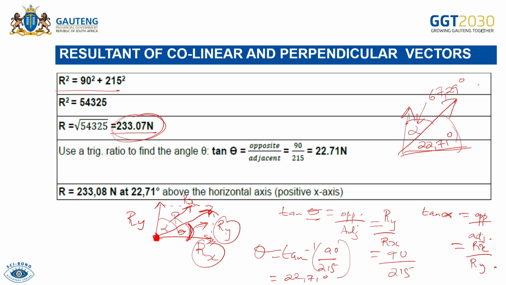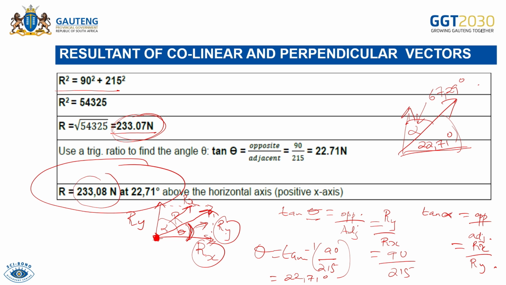You need to conclude. What is your resultant? Resultant, remember, it's a vector, so it has both magnitude and direction. What is the magnitude? From the theorem of Pythagoras it is 233.08 newtons. That is the magnitude.